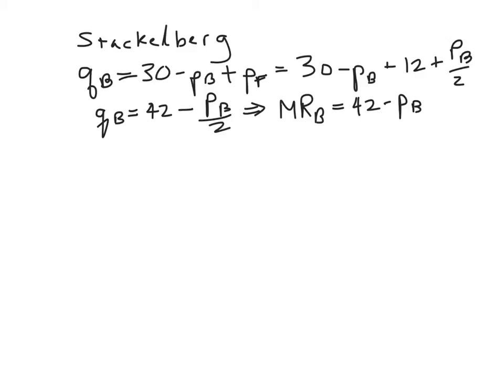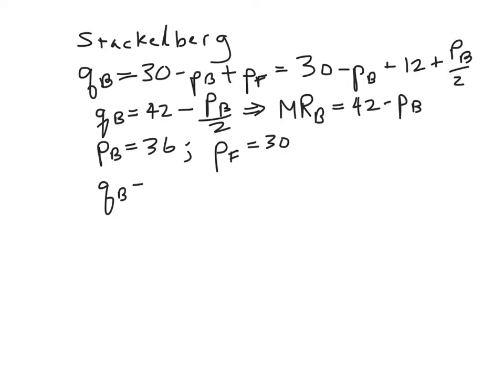And we set that equal to 6. It's pretty easy to see that Babette's price will be 36. And Francois just reacts to that, so his price is 12 plus 36 over 2. His price is 30.